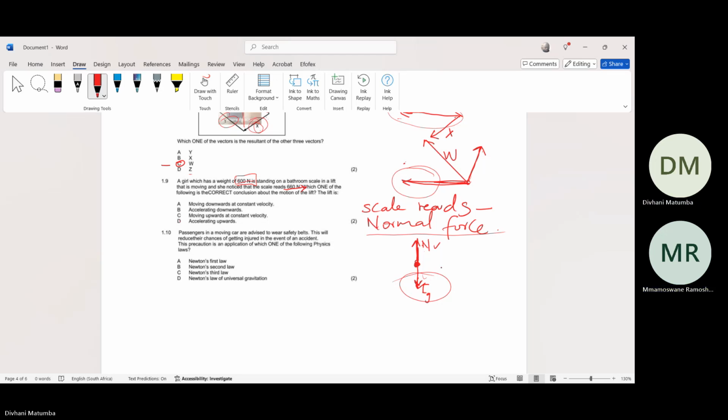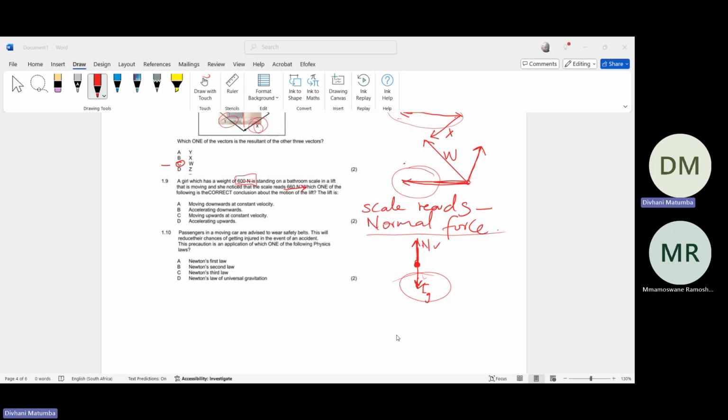But now, if you're on the lift and the lift is moving downwards, are you going to feel more pressure on your feet than when the lift is moving up? The normal force is a reaction force.